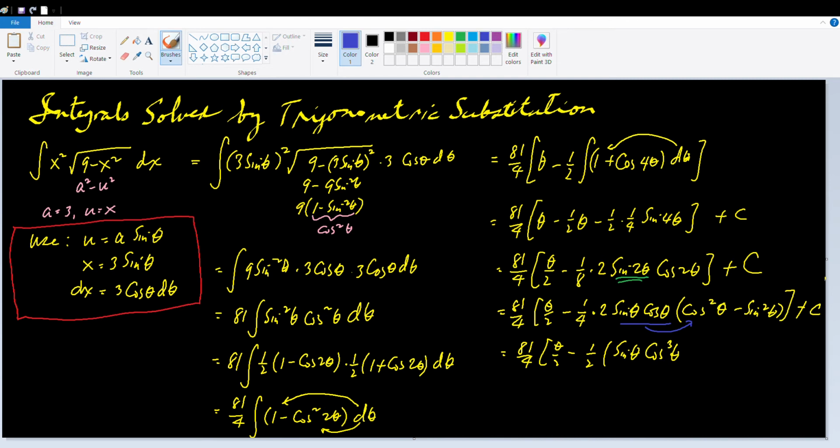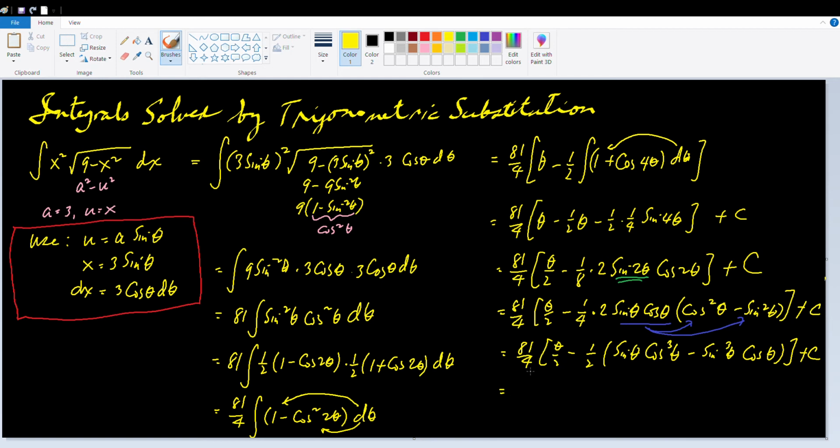And then sine theta cosine theta multiplied now to sine squared theta will be equal to negative sine cubed theta cosine theta. Let's see. We can factor 1/2.